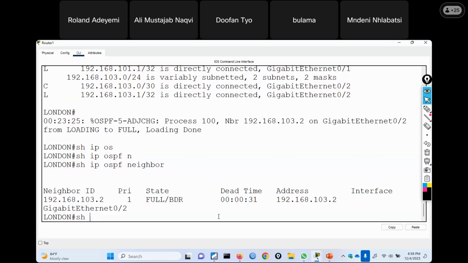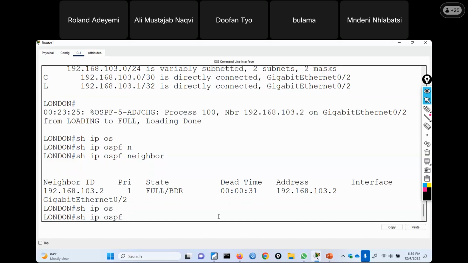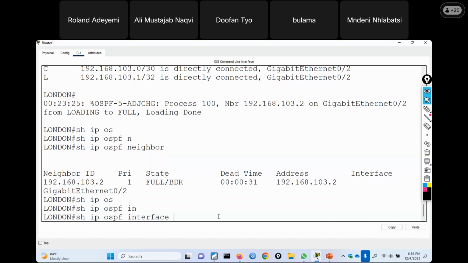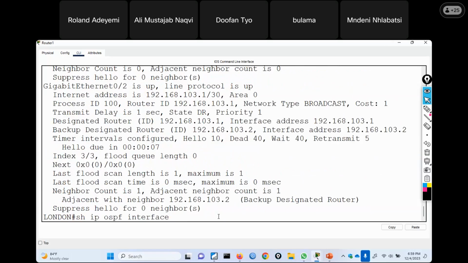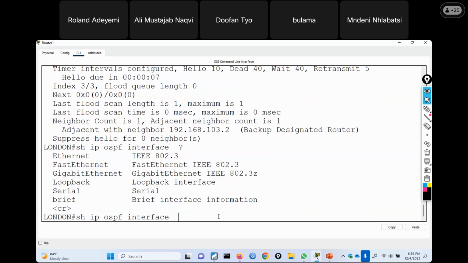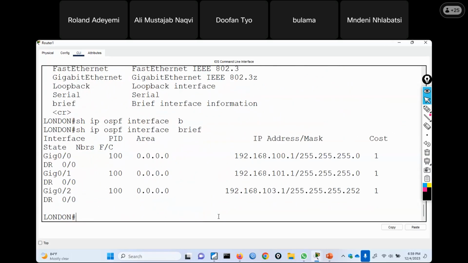Next command, show IP OSPF interface brief. You want to see the interfaces that are running OSPF. You can see G0/0 is running OSPF on this router. G0/1 is running OSPF. G0/2 is running OSPF. How come they are showing that they are running OSPF?